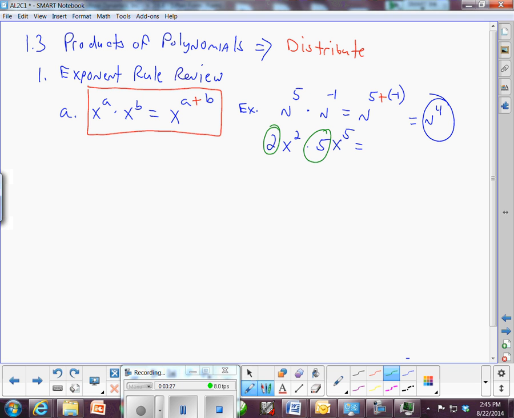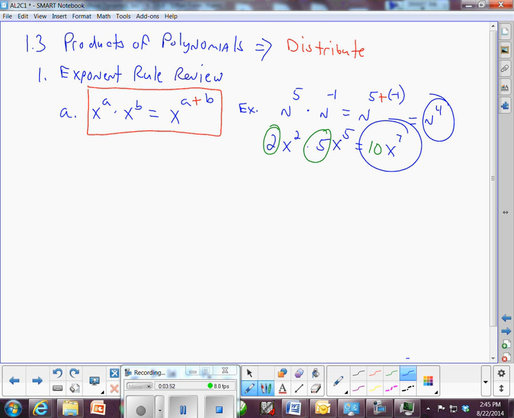We can do that. 2 times 5 is 10. But now you're going to apply the rule we have written there to the variables. X squared times x to the fifth is x to the 2 plus 5, or x to the seventh, right? So you get a 10x to the seventh, a 10x to the seventh.